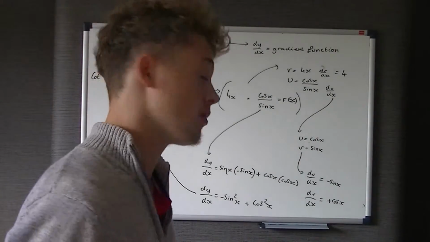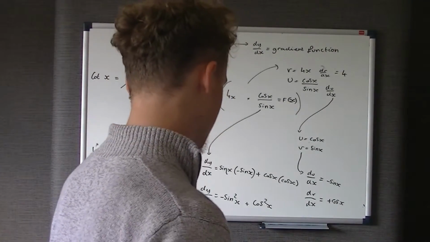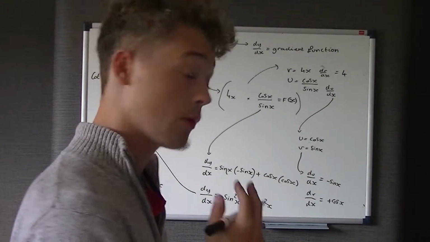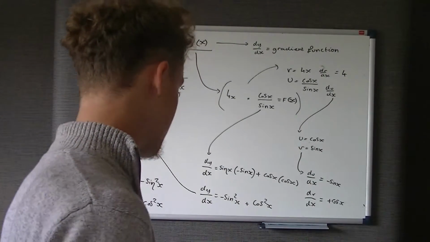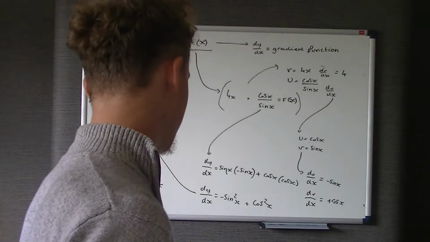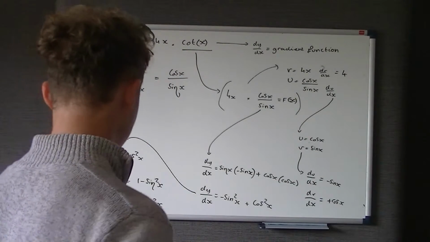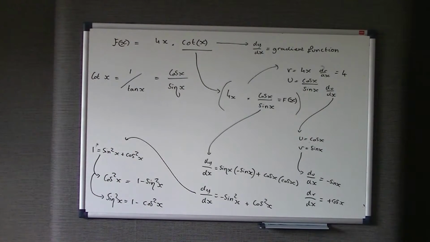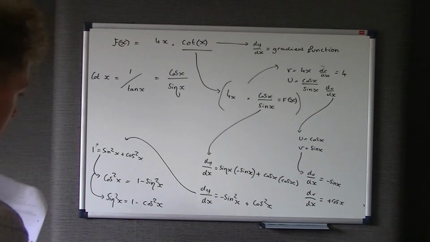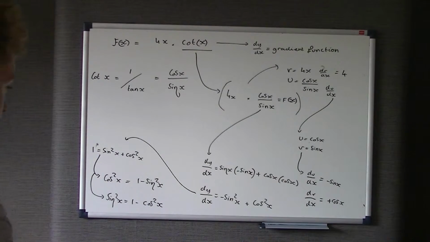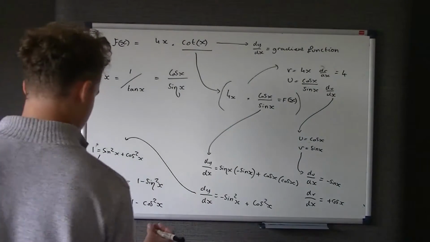So our derivative of cos x over sine x is equal to minus sine squared x plus cos squared x. Then we could simplify that down by changing minus sine squared x to cos squared x take 1, or we could do it the other way. Now I'm thinking we should change it to minus sine squared x.